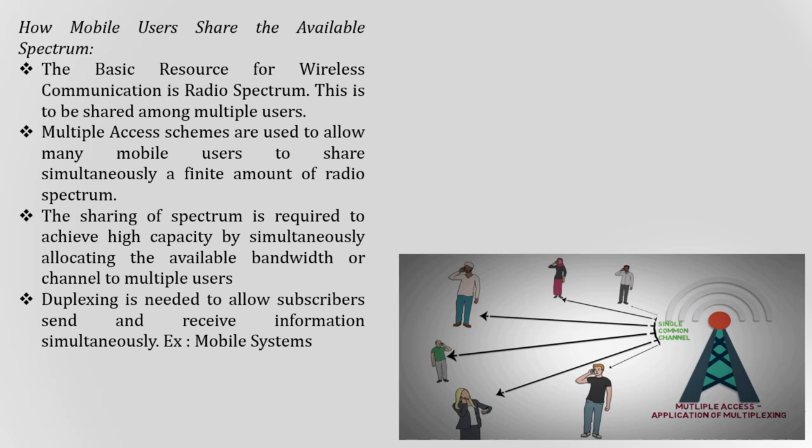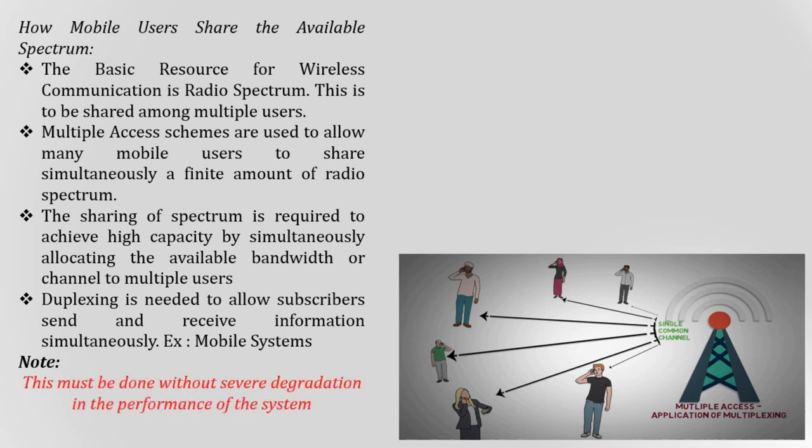As we have already seen, duplexing is also required to make the channel look like a full duplex channel. So any duplexing technique will be used in combination with a multiple access technique. It is also important that the multiple access is done without any significant degradation in the performance of the system.